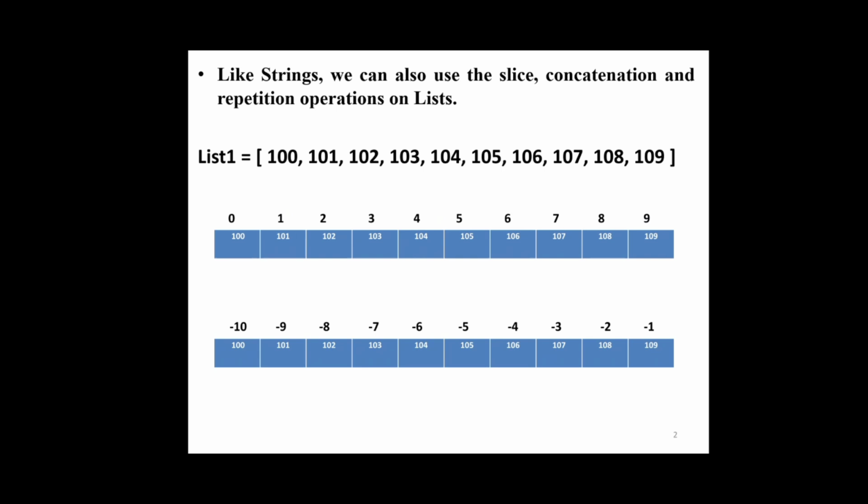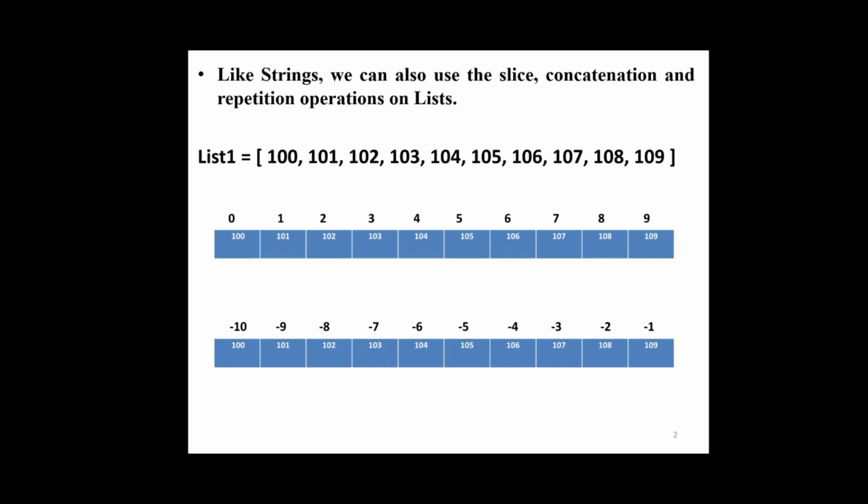We take one example. list1 equals 100, 101, 102, 103, 104, 105, 106, 107, 108, 109. So it consists of 10 elements. Now indexing always starts from 0 and ends with n minus 1 for n number of elements.